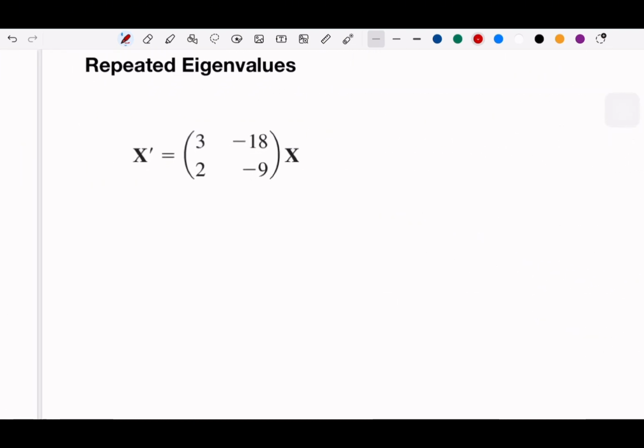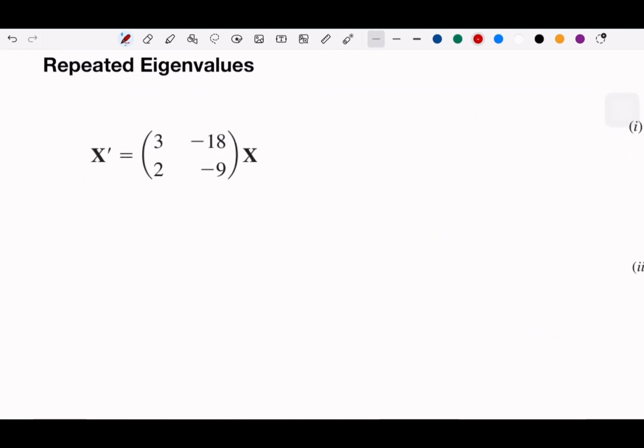So suppose that we have an example like this. We have the characteristics from here, and if we want to find the eigenvalues, then we find these determinants here.